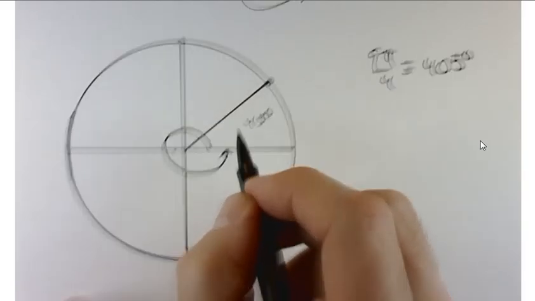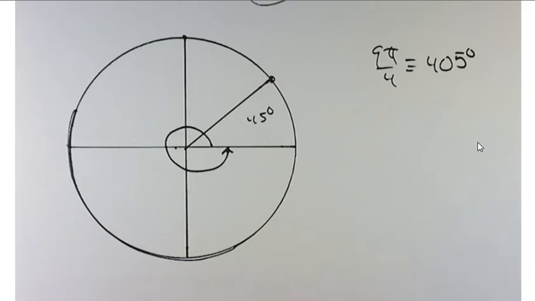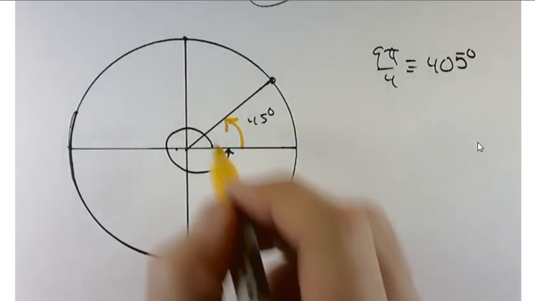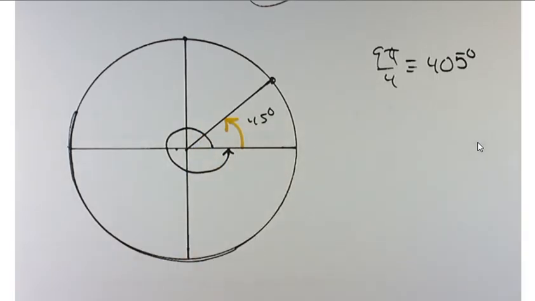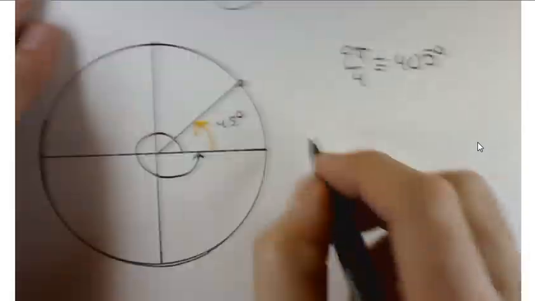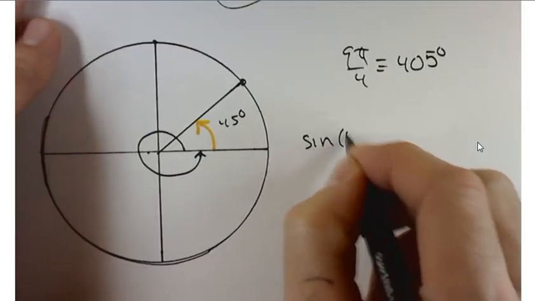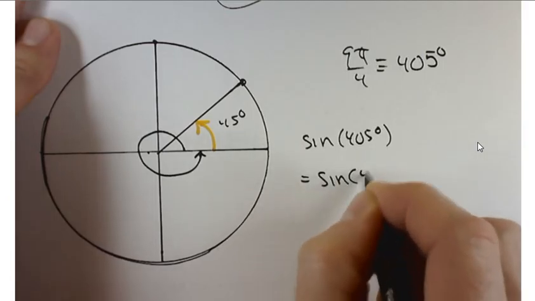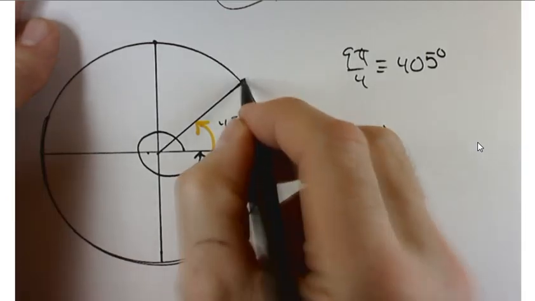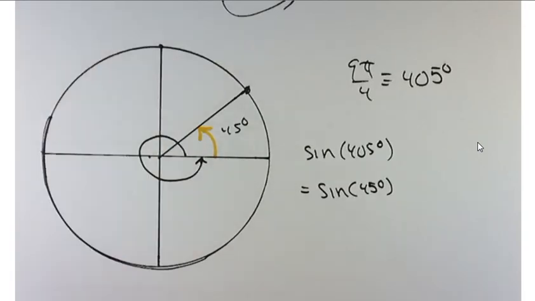Either we just go a quick 45 degrees, or we go all the way around and then another 45 degrees. But they're the same endpoint. So sine of 405 degrees is going to be the same as sine of 45 degrees, because you're at the same y coordinate. The same thing with the cosine. All right, does that help?